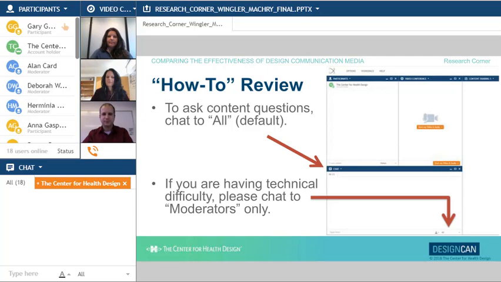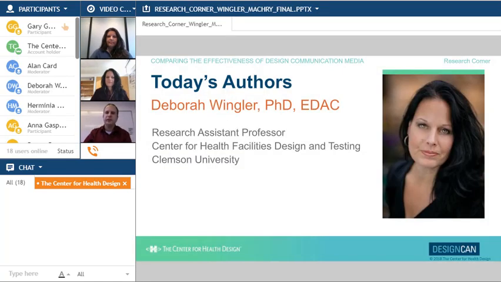I'd now like to introduce you to the authors of the article we're going to be discussing today, Dr. Deborah Wingler and Erminia Macri. Dr. Deborah Wingler is a research assistant professor with the Center for Health Facilities Design and Testing at Clemson University and president of Healing Design Integration, LLC. Deborah's research focuses on improving the patient and staff experience within the ambulatory care environment.